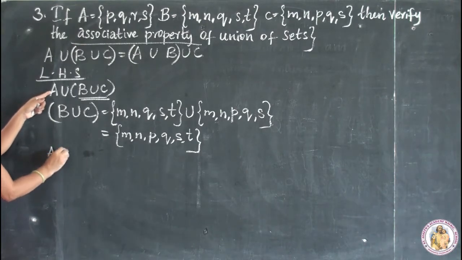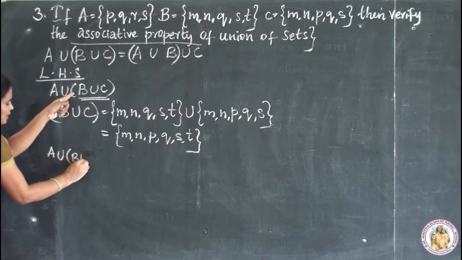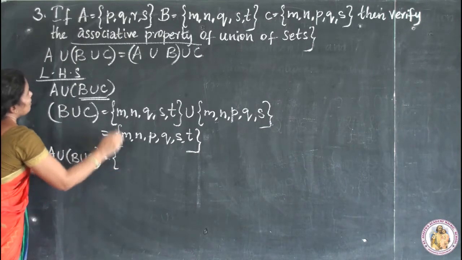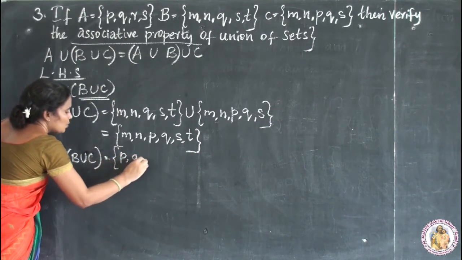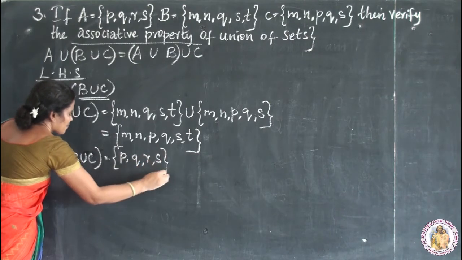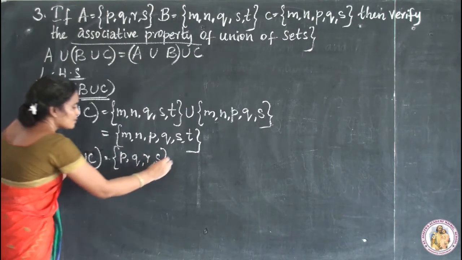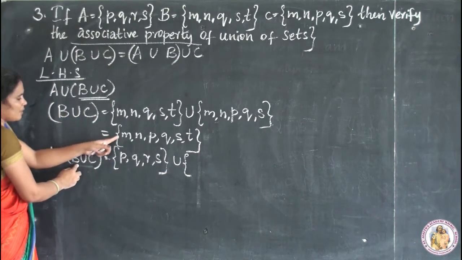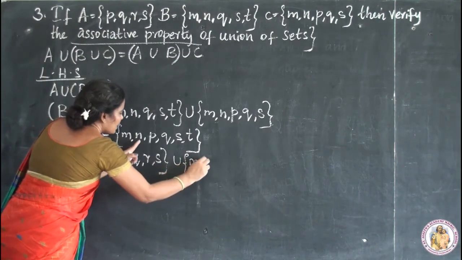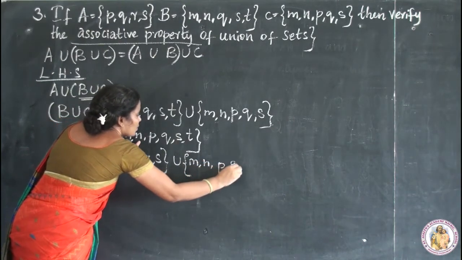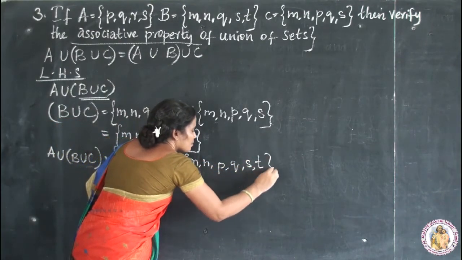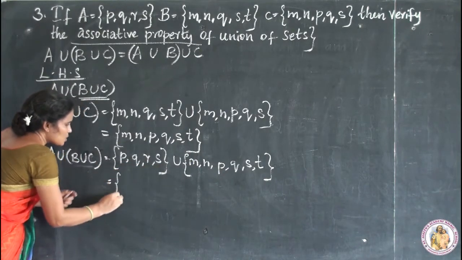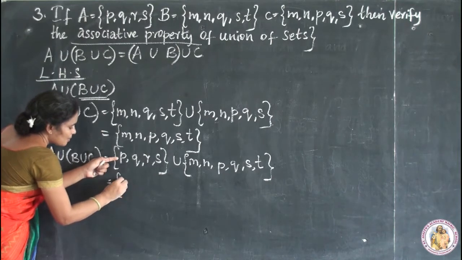Then A union (B union C). Write the elements of A: P, Q, R, S, union B union C. We have found B union C, that is M, N, P, Q, S, T. So union: write all the elements which are present in both the brackets.